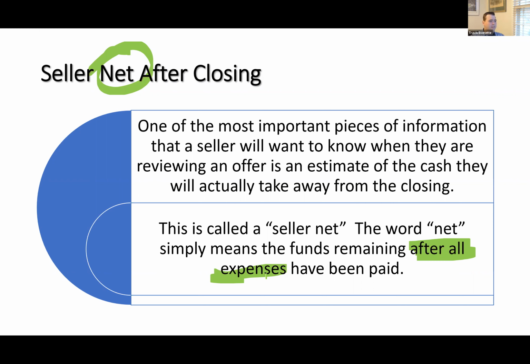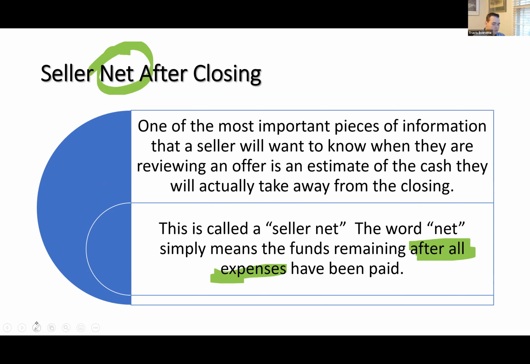No way. You take my commission out of their money before you give them their money. That way I don't have to worry about getting paid. And that's just one of the expenses that we need to take away from the seller.